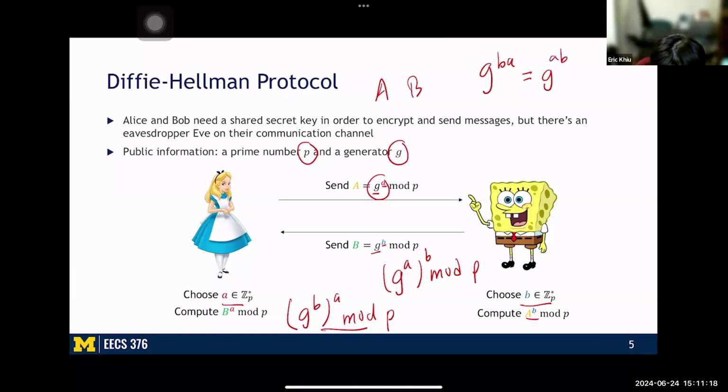It also holds in modular arithmetic that G to the BA mod P is the same as G to the AB mod P.